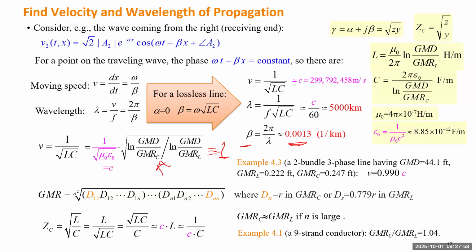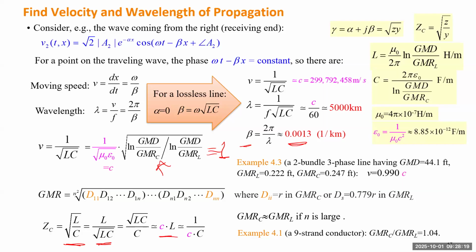So then we can immediately get a few useful formulas to estimate the surge impedance. So surge impedance is equal to the square root of L by C, and so we can make the denominator the square root of LC, because the purpose is we want to involve the speed of light.